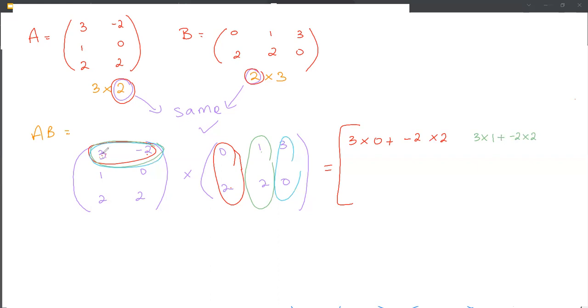Same thing. First times the first, plus the second times the second. Could I just make some space so that we could see it fully?